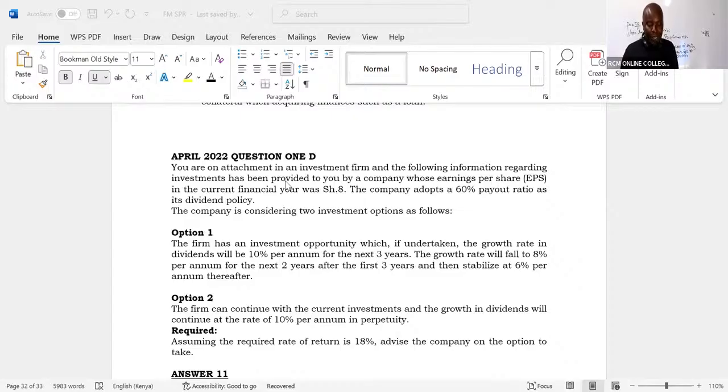The company is considering 2 investment options as follows.